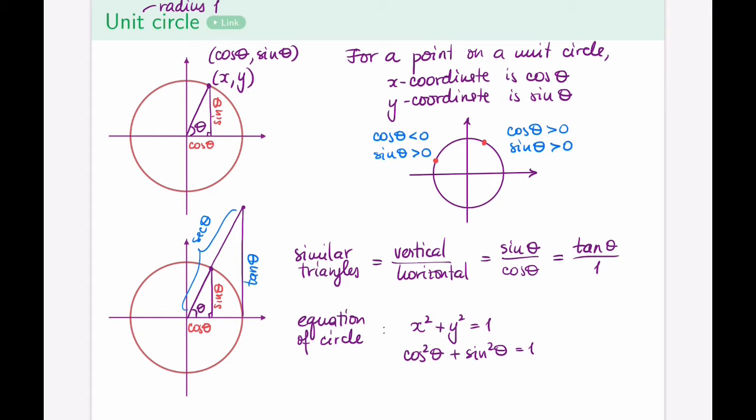One last thing I will mention here that will come handy in a few applications shortly is the coordinates of points on the circle. In particular, remember that in our definition of the trigonometric functions, the point was traveling around the circle.